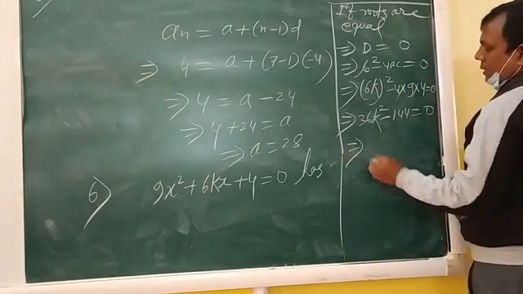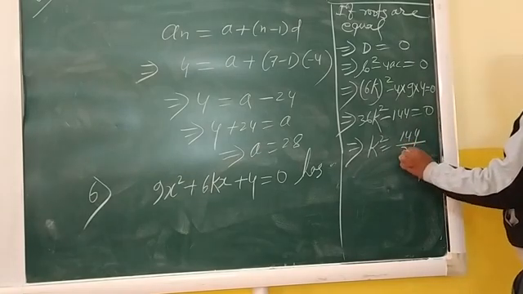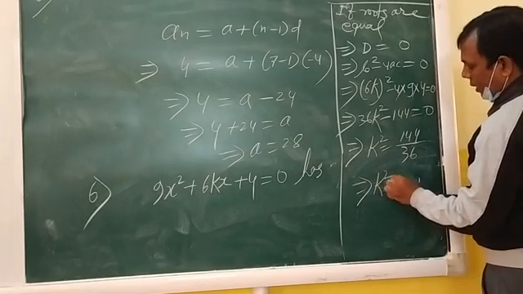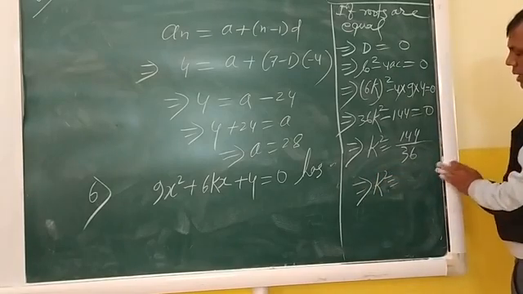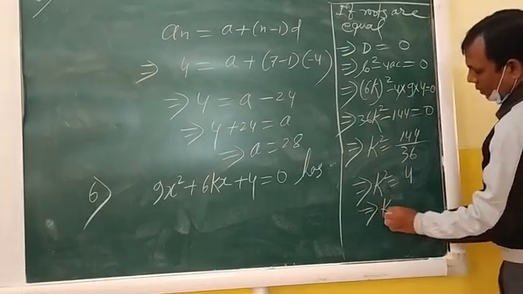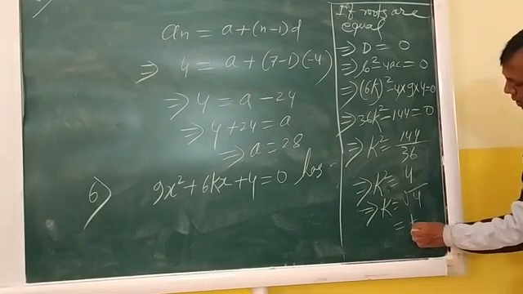Which implies k square equal to 144 by 36, which implies k square equal to what? 4, which implies k equal to under root 4 equal to plus minus 2.